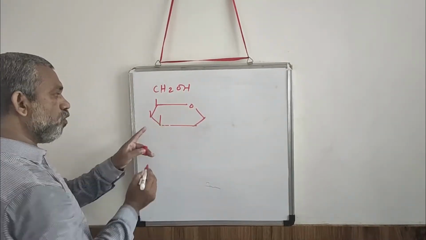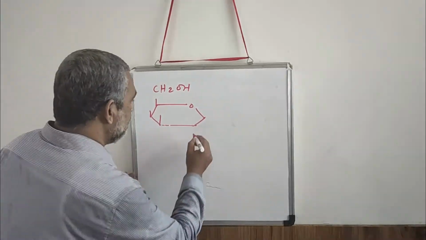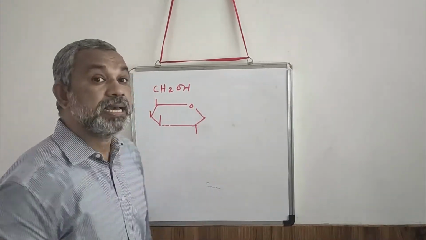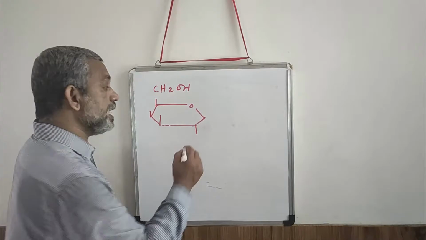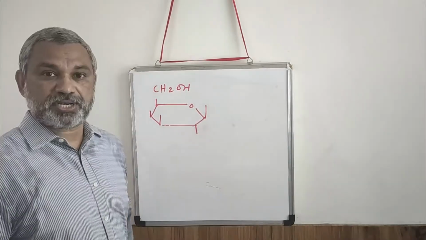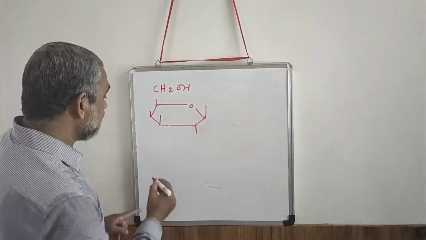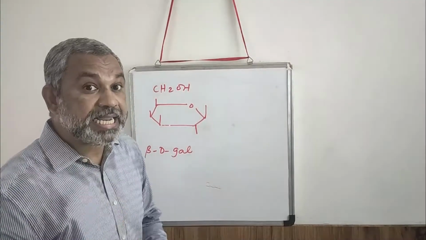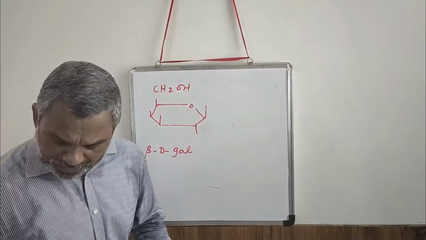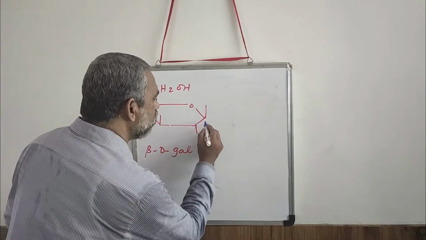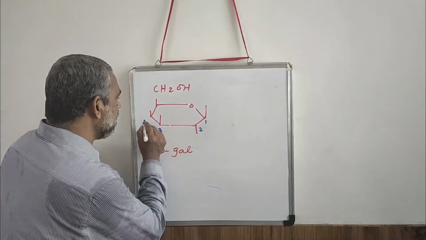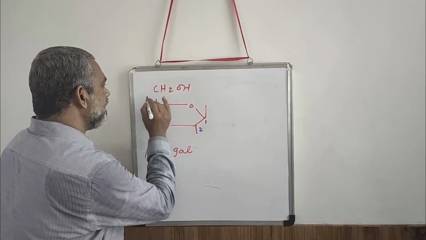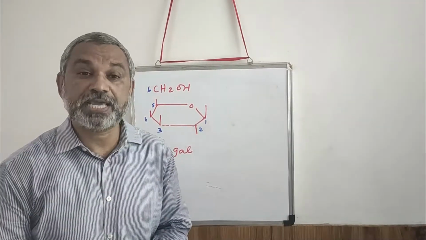So there is a change at the fourth position, and galactose will exist in the beta conformation. So this is beta-D-galactose. Okay, so let us also number these carbon atoms: number 1, 2, 3, 4, 5 and 6. We have drawn galactose.